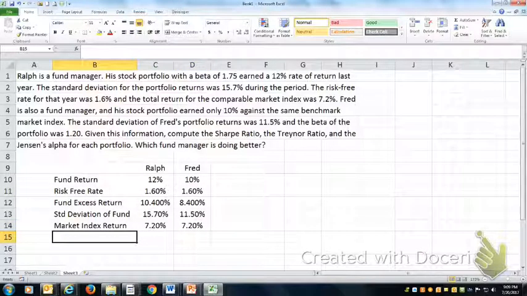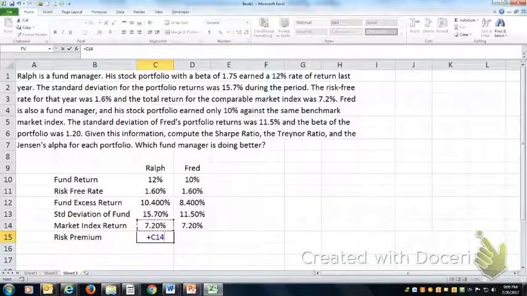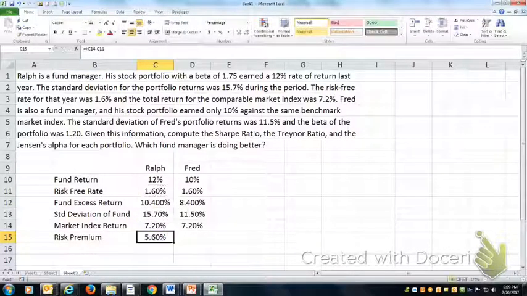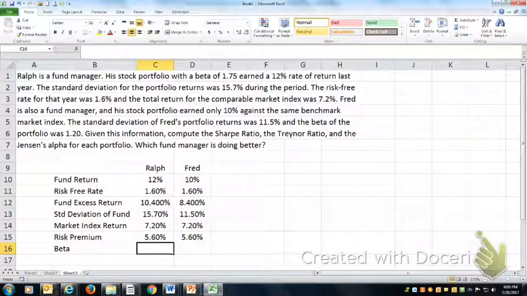So the risk premium for the market index would be the excess return over the risk-free rate. So that's a risk premium of 5.6. The beta of Ralph's portfolio is 1.75, and the beta of Fred's is 1.2.